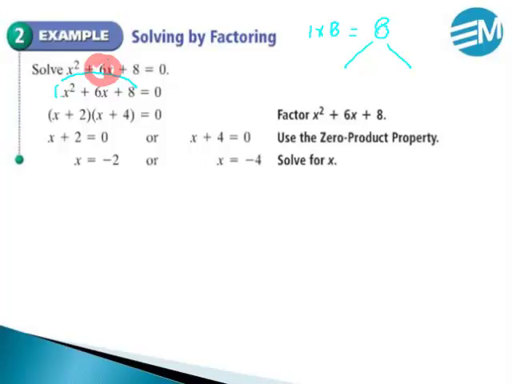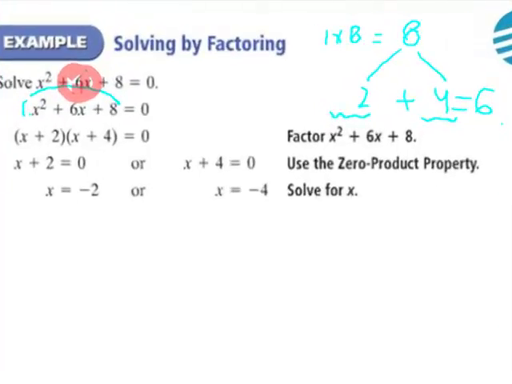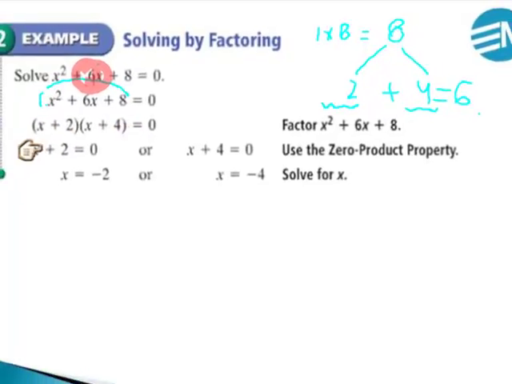Now we try to find the two terms whose product is 8 but sum is 6. We know that 2 times 4 is 8 and 2 plus 4 is 6. So one factor will be positive 2 and the other will be positive 4. So the answer will be x plus 2 multiplied with x plus 4.